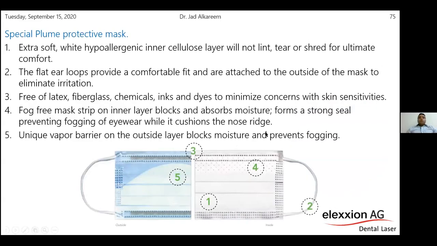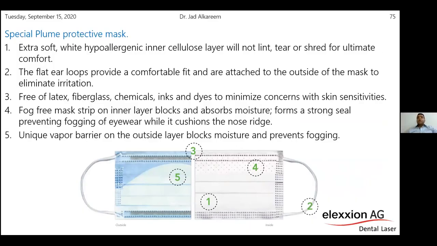Then we go to the protective methods, or the protective equipment, that we can use during laser treatment. First, we have to use a special bloom protective mask. There are certain masks that should be used with laser treatment, because not every surgical mask is suitable for this kind of application.